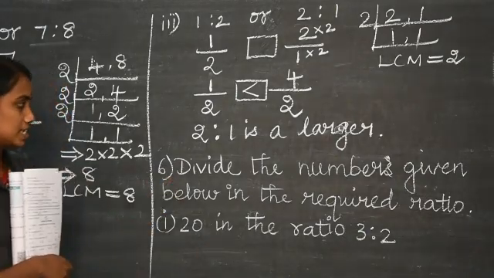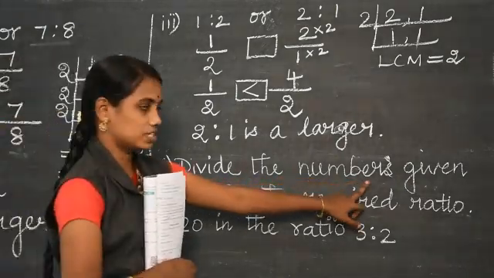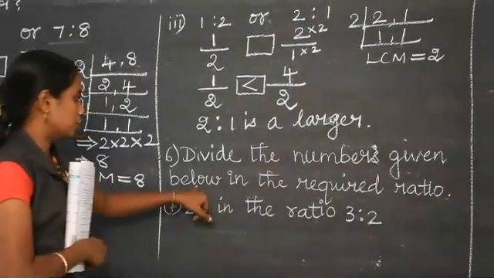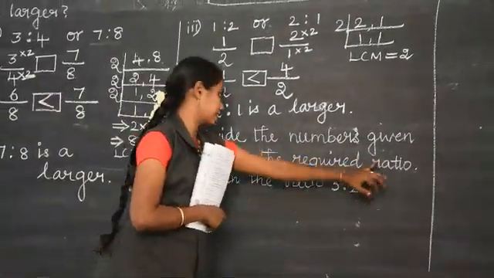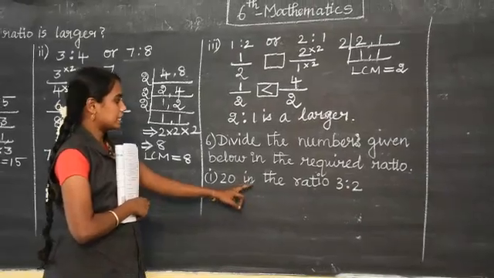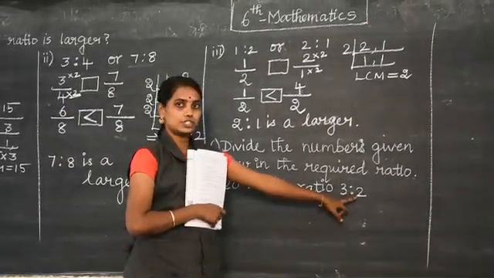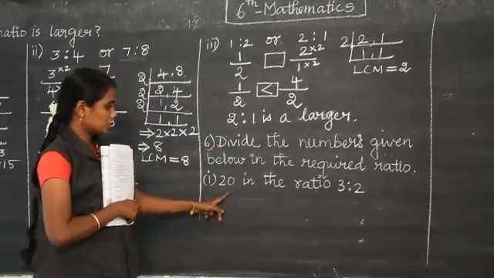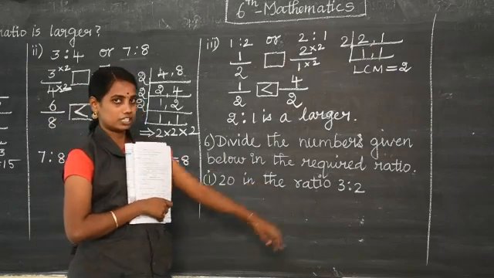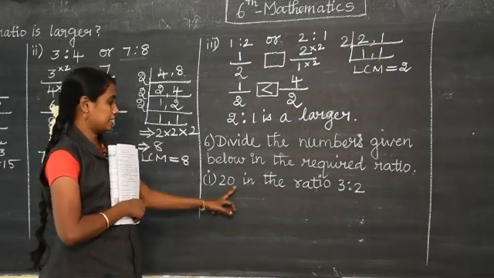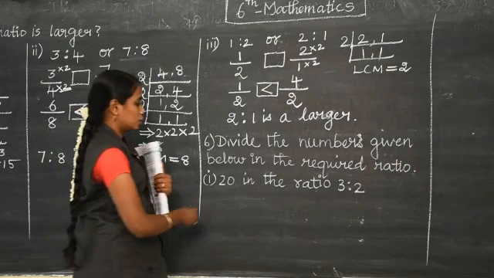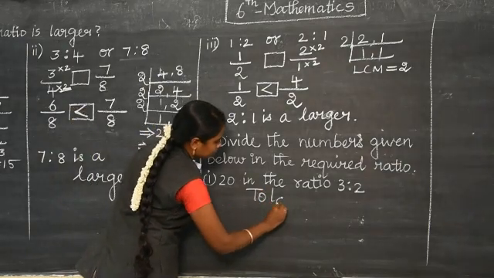Now question number 6: divide the numbers given below in the required ratio. The first option is 20 in the ratio 3:2. 20 is the total.